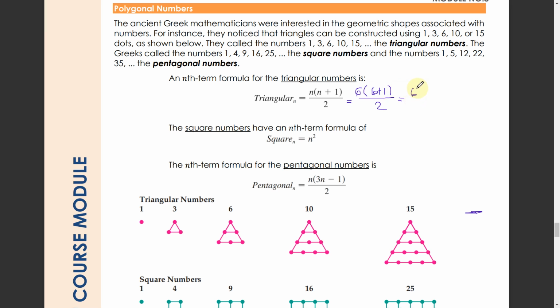So 6 times 7 over 2. 6 times 7 is 42, divided by 2 is 21. Meaning the next triangular number is 21.